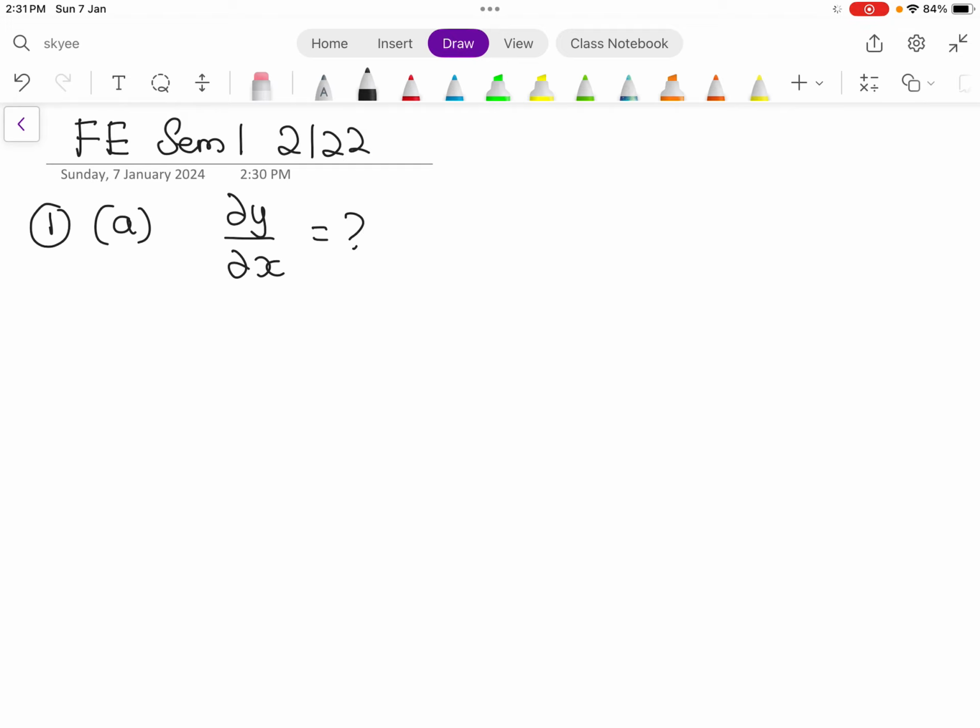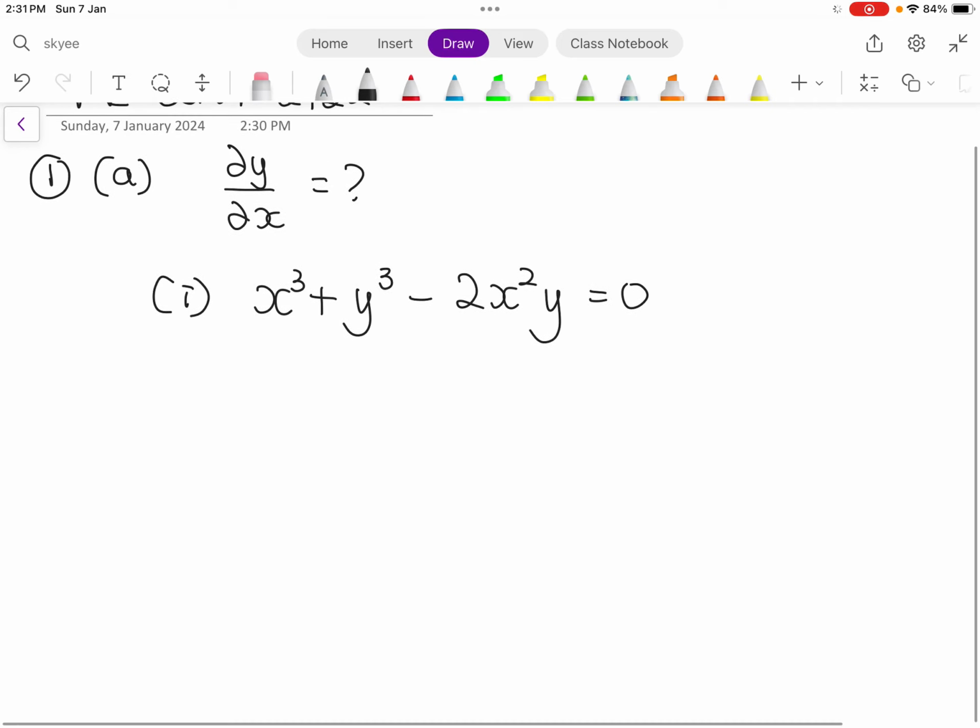So let's look at the first question. The first example is x power 3 plus y power 3 minus 2x squared y equals to 0. So you have to find the del y del x. Usually when we want to find the del y del x, we will make sure the y is on the left side and the other parameters at the right side.